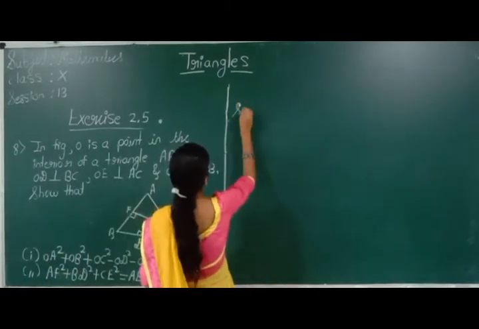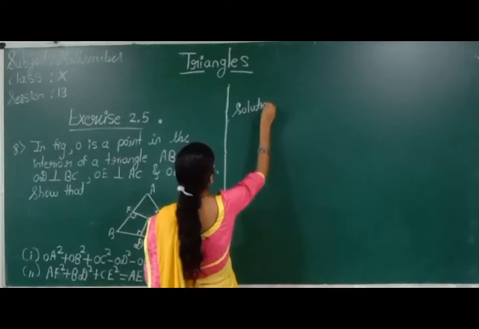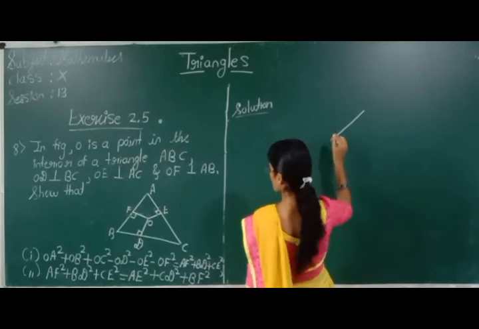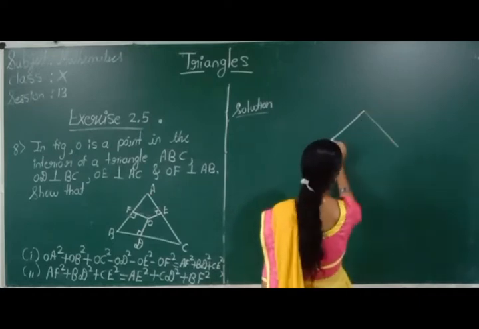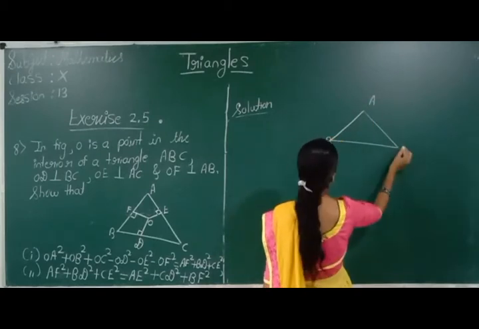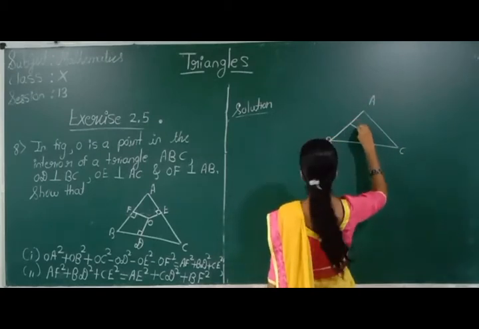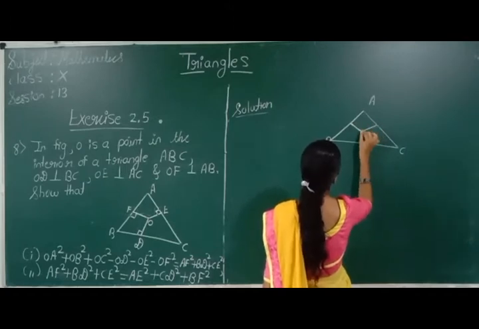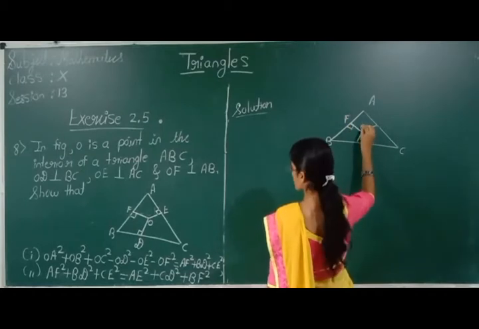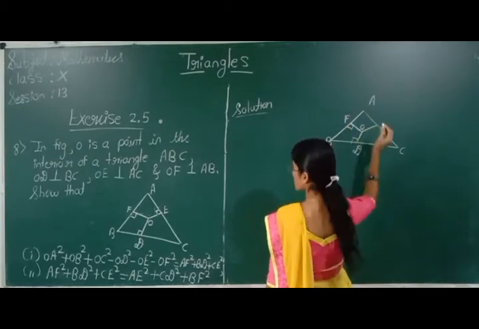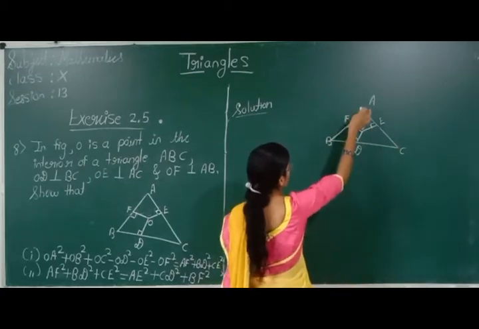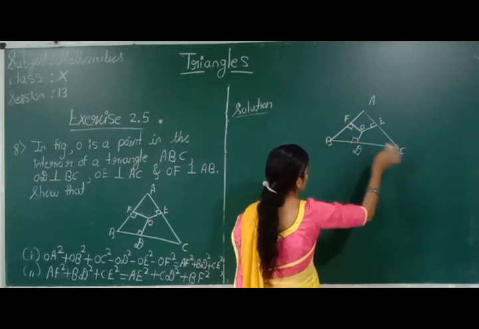See here, solution. So we will draw this figure here once more. Triangle ABC. Here OE is perpendicular to AC, OF is perpendicular to AB, and OD is perpendicular to BC.